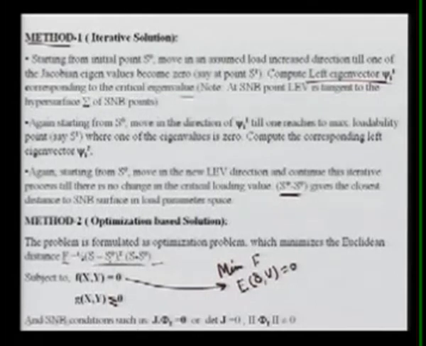So you have the equality constraints, then you have your inequality constraints, that is limits on your various things: limits on your power generation, limits on the voltage, limits on the tap. So we have the equality constraints and the inequality constraints, and this is your conventional optimization problem, and that can be solved by any nonlinear programming technique.